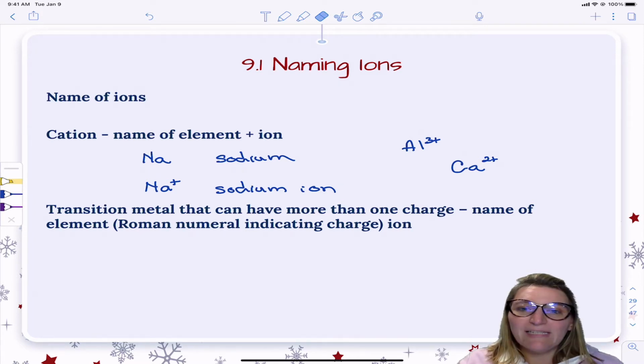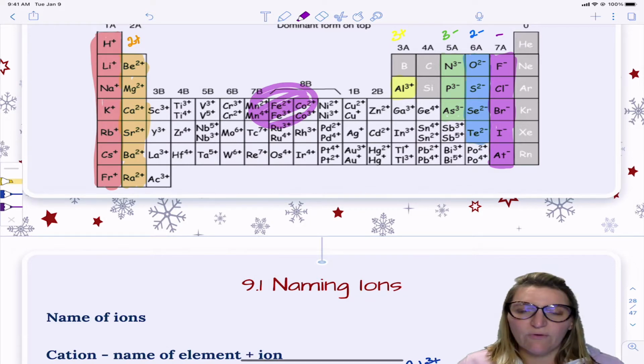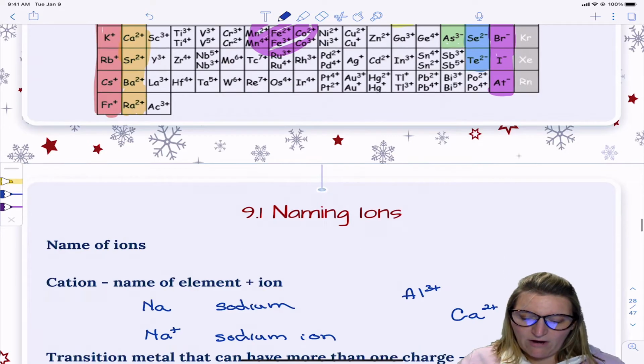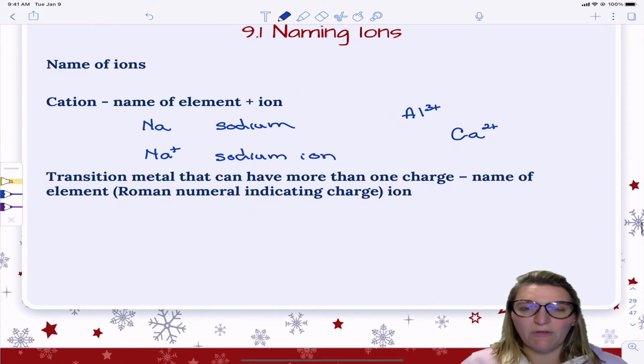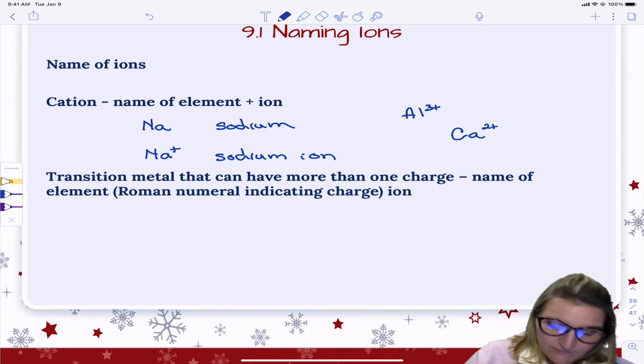But what if I said the iron ion? Well, you might be wondering, which one do you mean? The iron 2+ or the iron 3+? And so that's where we need to do one special thing. If it is a transition metal that could have more than one possible ionic charge, we just need to use a Roman numeral to say the charge of that ion.